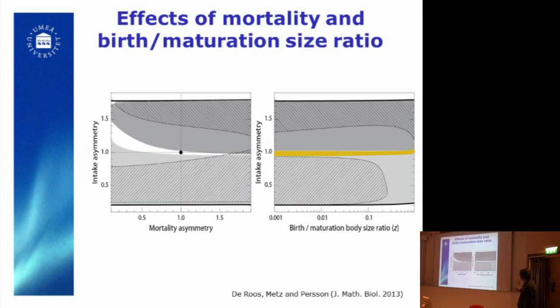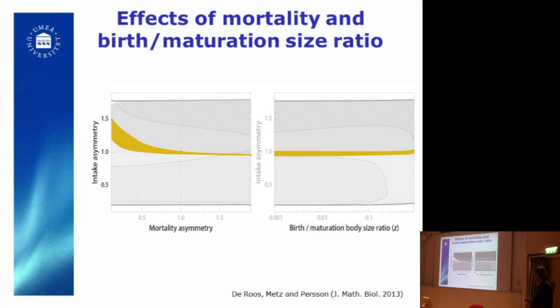We see that it's asymmetric here because the area with symmetry appears at a higher intake asymmetry, but that is coupled to the fact that you have a mortality asymmetry in this case. But the general conclusion from both these pictures is that the parameter space for ontogenetic symmetry is very limited. The rule is ontogenetic asymmetry.